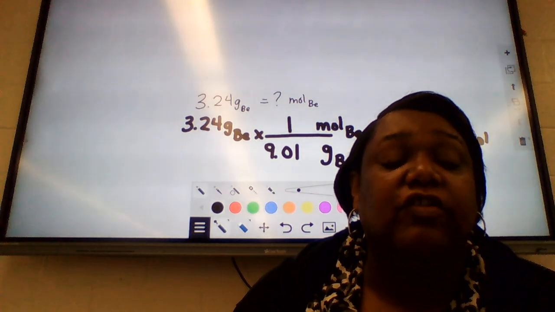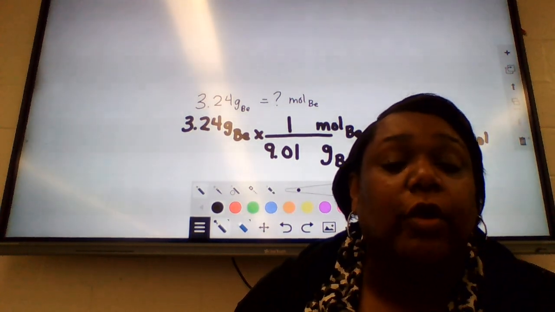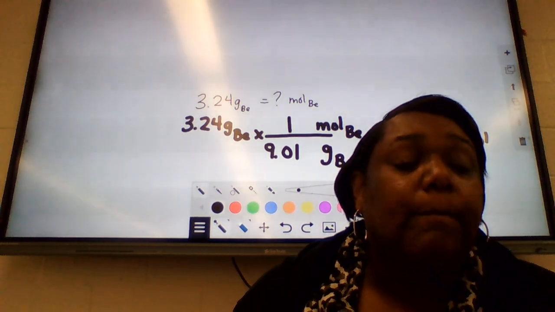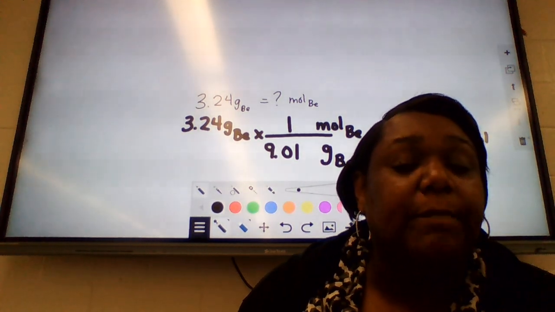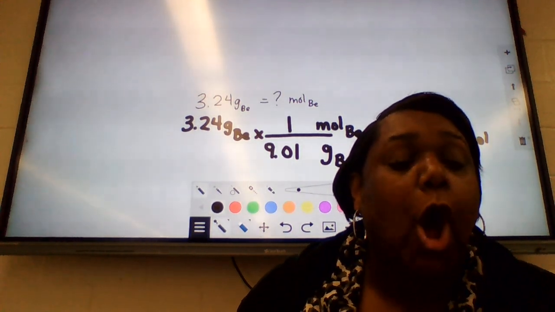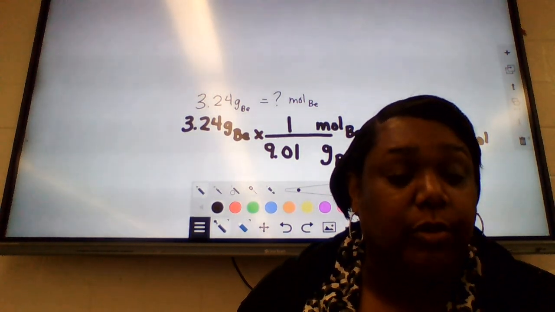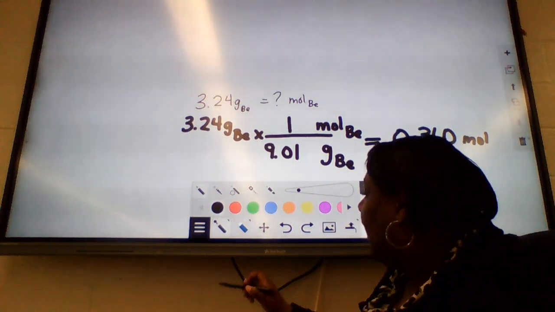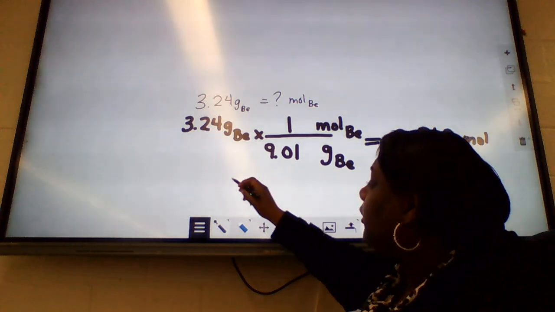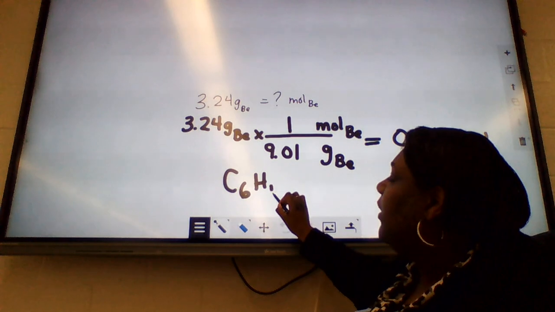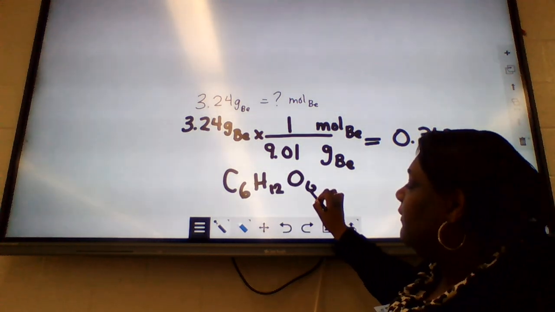In the next section in chapter 3, that's where we start talking about our empirical and molecular formulas. Please remember, when we deal with empirical formula, the empirical formula is the simplest whole number ratio of particles. So if we were dealing with glucose, and if you remember the formula for glucose, it is C6H12O6.